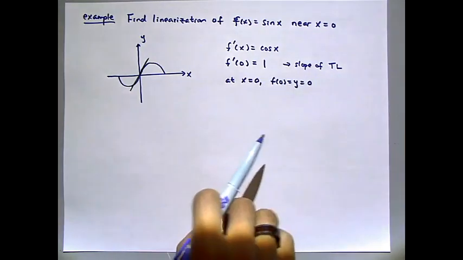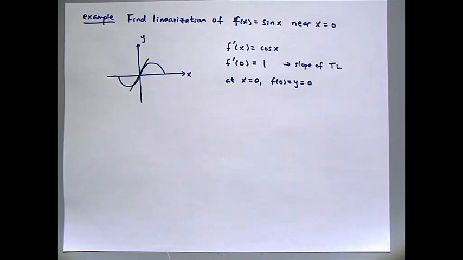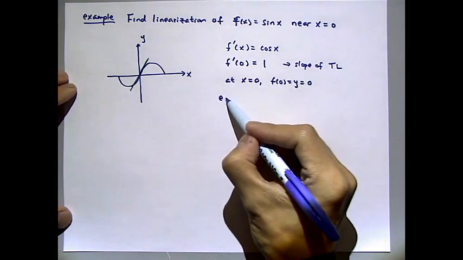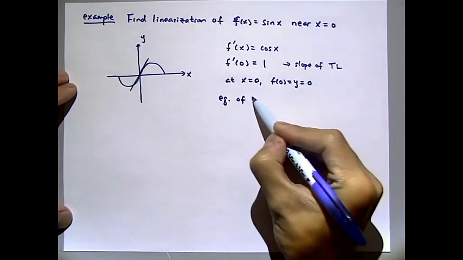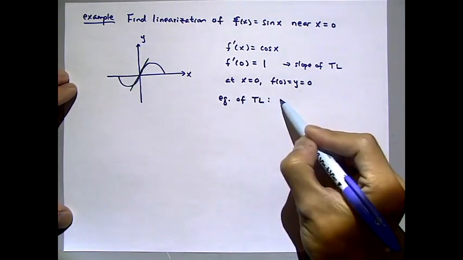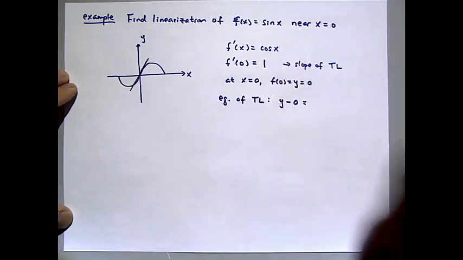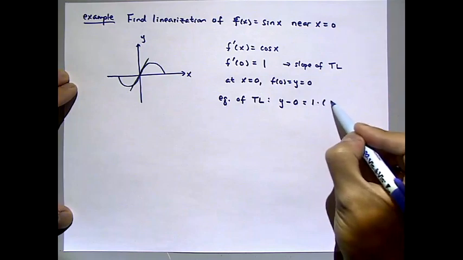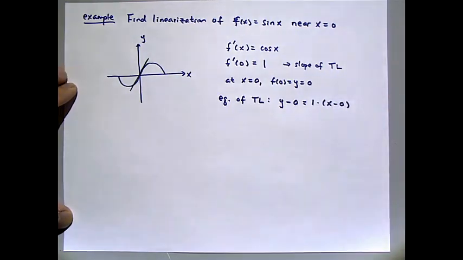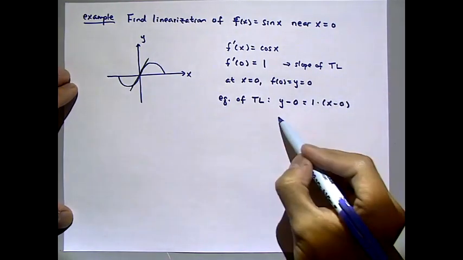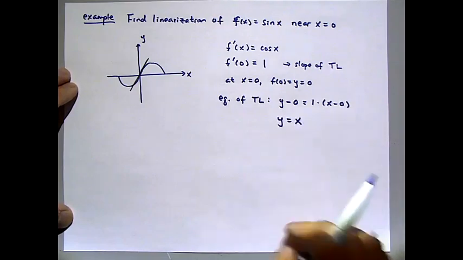And the point that we have on the tangent line is 0, 0. So the equation of the tangent line is y minus 0 equal to slope times x minus 0. Or simply y is equal to x.